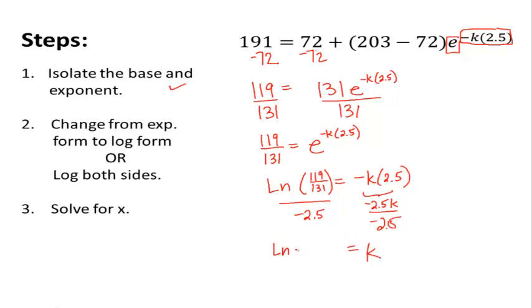So it looks like we have ln of 119 over 131 divided by negative 2.5 as our exact answer. If we want the approximation, type it in the calculator. All right. Have fun solving your exponential equations.